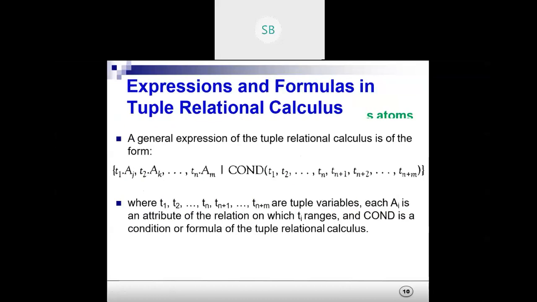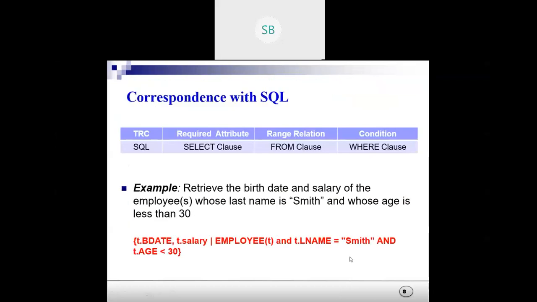In the last example, the condition is T dot L name equal to Smith and T dot age less than 30. So it may be possible that the surname Smith is there in the table, but people having age less than 30 years are not present. So in that case, first we will evaluate whether that condition is true or false.